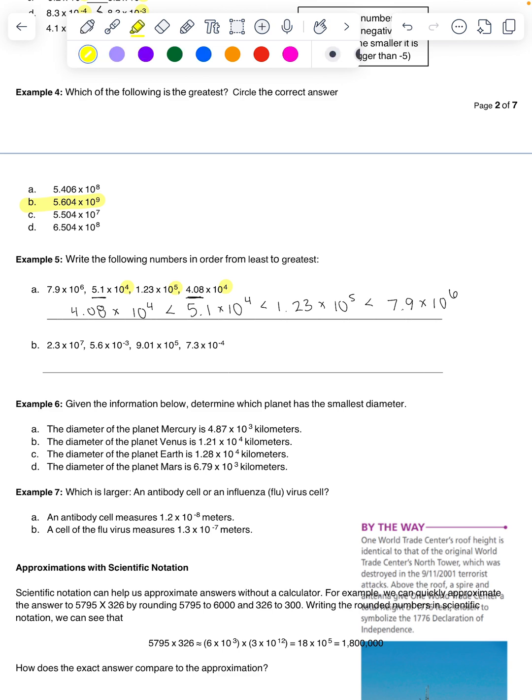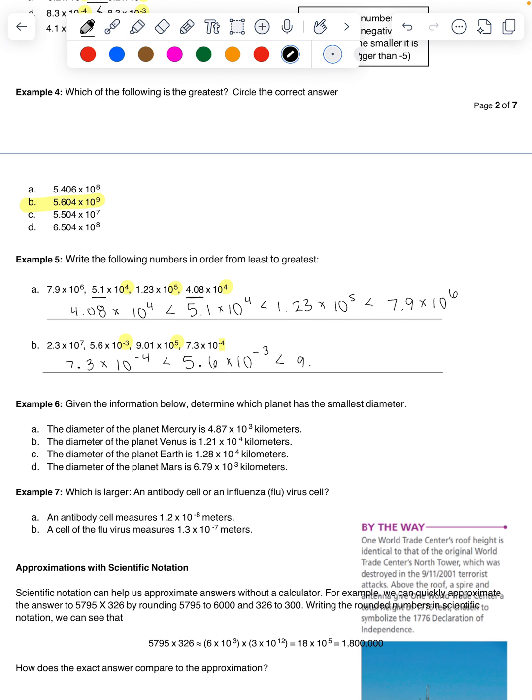Now we have some negative exponents. So remember, -4 is smaller than -3. So 7.3 times 10 to the -4 is less than 5.6 times 10 to the -3 is less than, now I'm comparing my positive exponents. 5 is going to be smaller than 7.